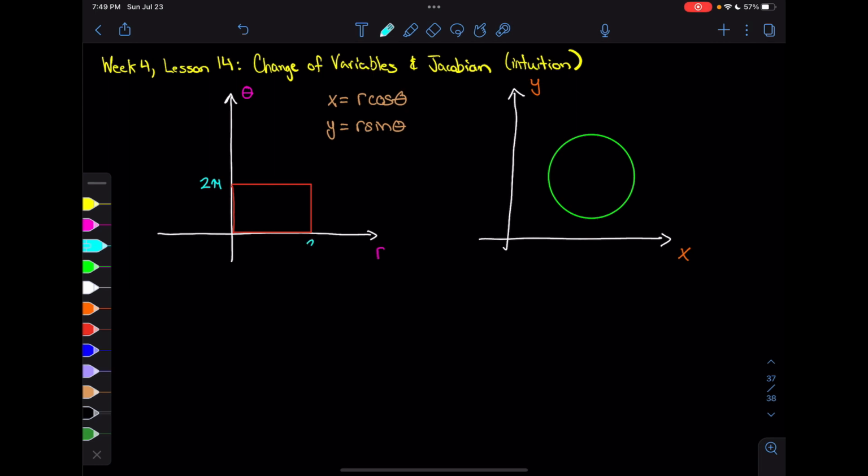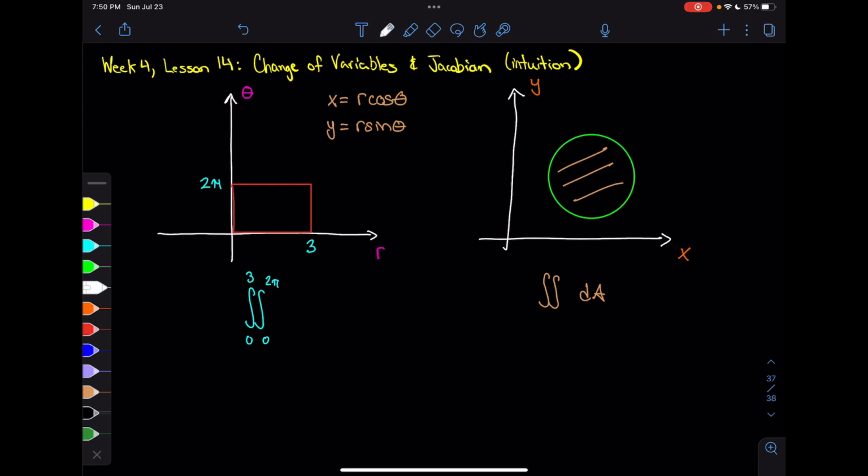circle with a radius 3 or something, then basically we could, instead of trying to execute a double integral over this area right here, dA, what we basically said was that we can just do a double integral over a rectangular region where r goes from 0 to 3 and theta goes from 0 to 2 pi or something.